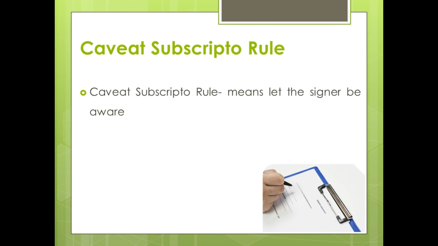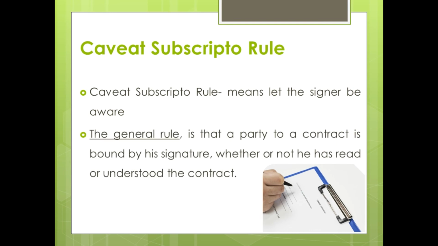This rule means let the signer be aware. The general rule is that a party to a contract is bound by his signature, whether or not he has read or understood the contract. He should ask if he does not understand any terms of that contract before signing.